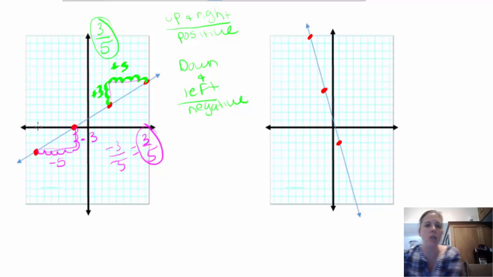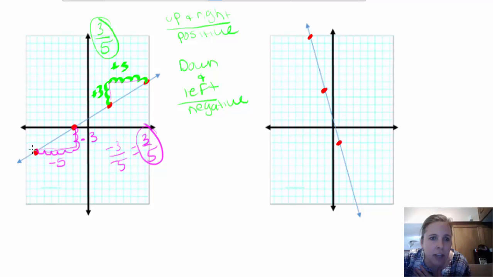Now, I'm not going to do this for all of them, but I just want to show you on this example. You could have gone from, let me pick a different color, this point all the way to this point, or this point to this point. It's just that you'll end up reducing.